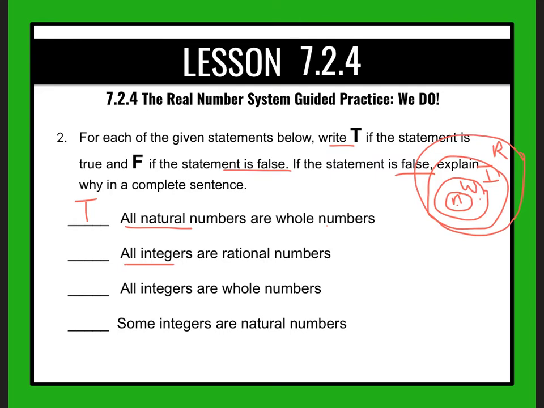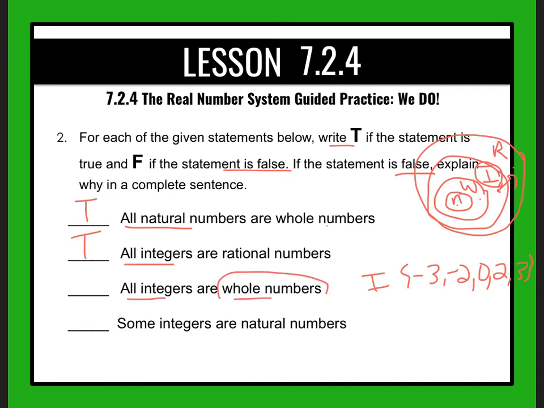All integers are rational. Well, my integer set is a subset of my rational numbers, so therefore I agree that's going to be true. Okay, because I can be an integer and also be a rational. Now it says that everything that's in the integer family, so my integers include negative values and 0 and positive values, it says all of the integers are whole.